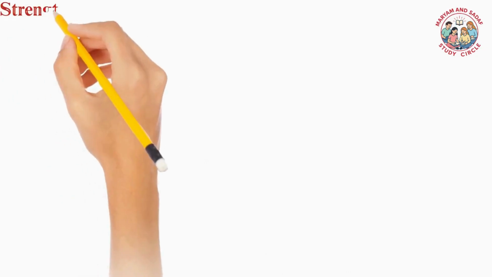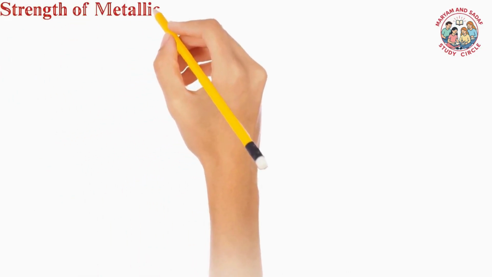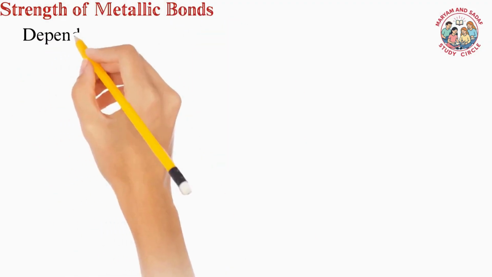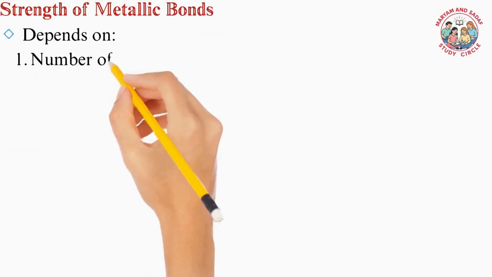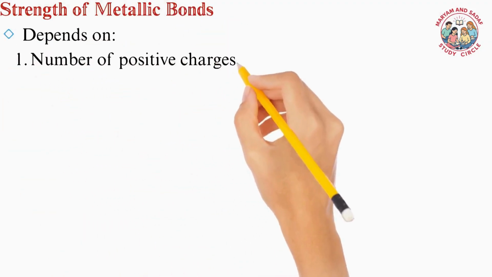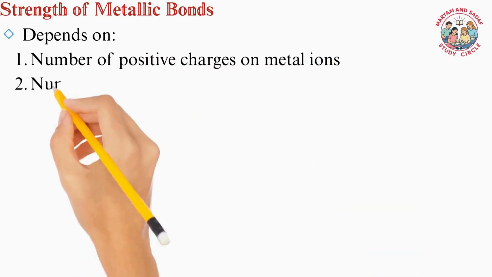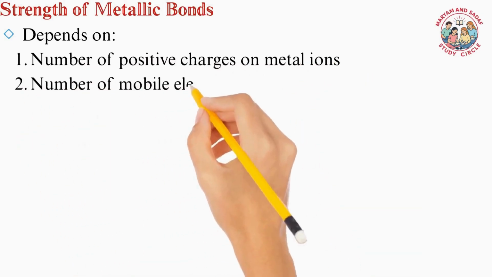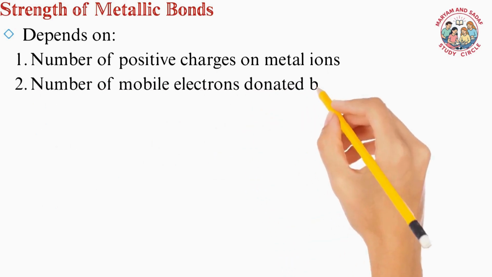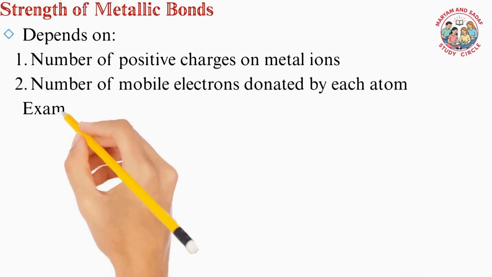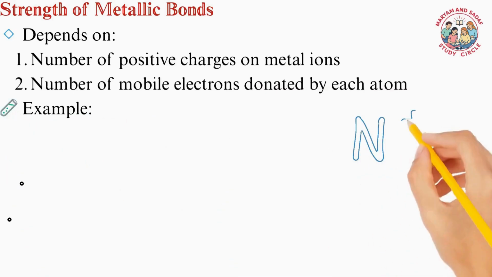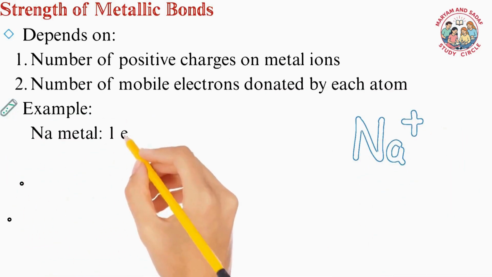Strength of metallic bonds depends on the number of positive charges on the metal ions and the number of mobile electrons donated by each atom. Example, sodium metal has 1 electron, which leads to a weaker bond.